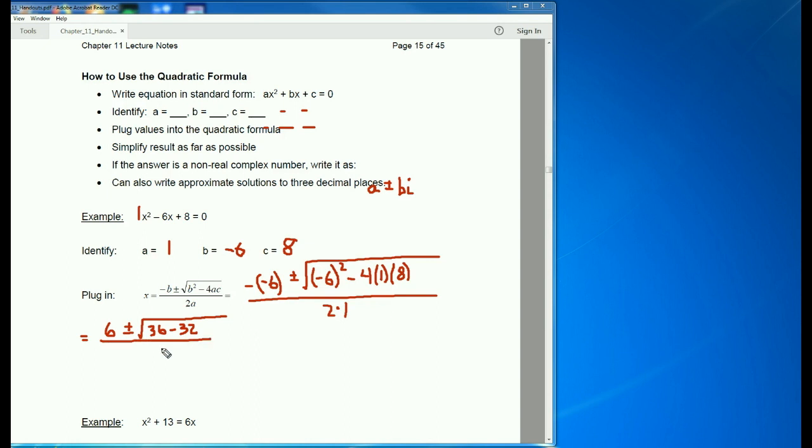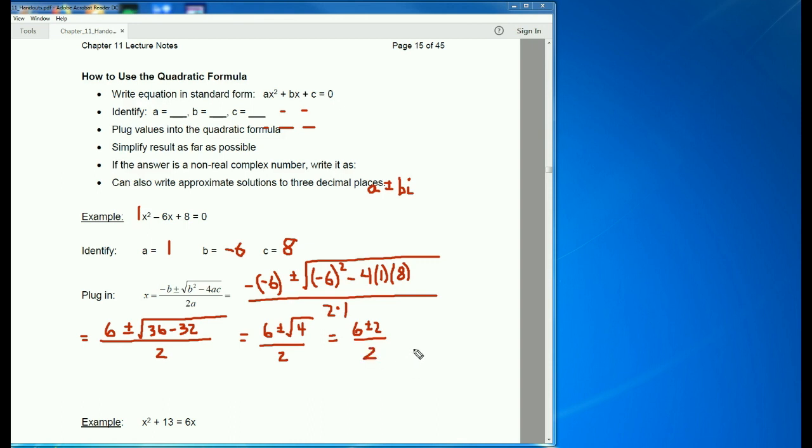And divide by 2. Okay, so 6 plus or minus the square root of 4 divided by 2. And of course, the square root of 4 is 2. So 6 plus or minus 2 divided by 2.